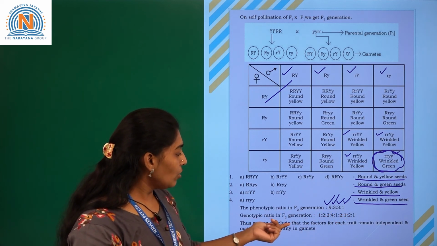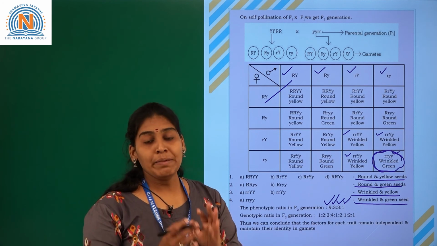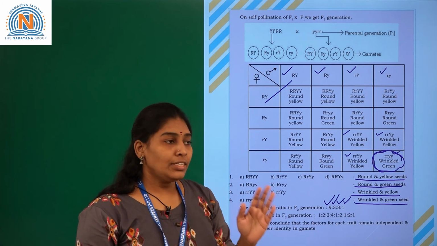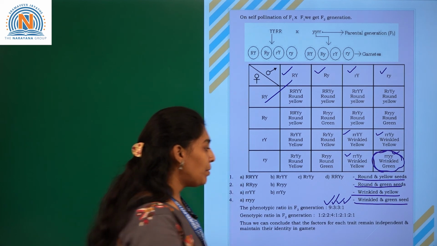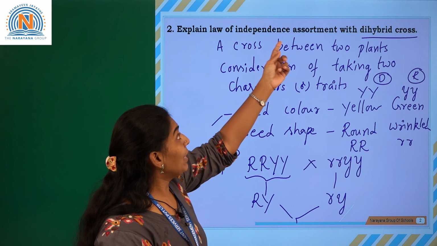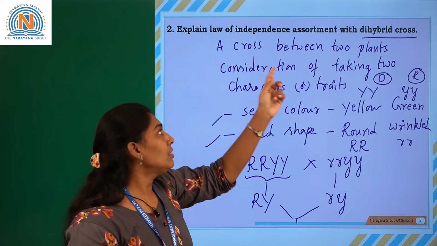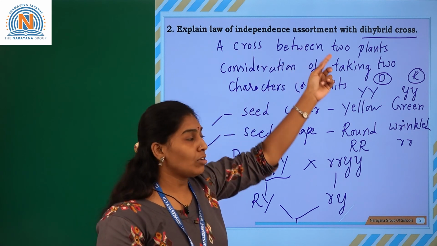Thus we can conclude that the factors for each trait are independently assorted. That is why the dihybrid cross in the F2 generation demonstrates the law of independent assortment.